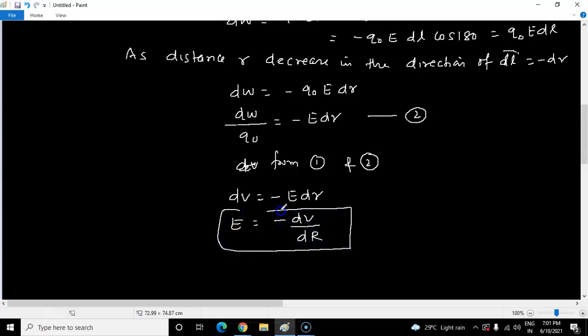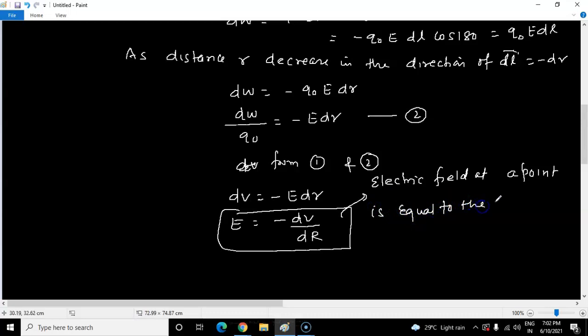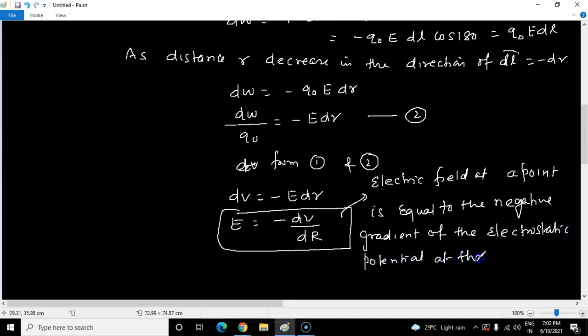This electric field is the derivative of the potential. The electric field at a point is equal to the negative gradient of the electrostatic potential at that point.